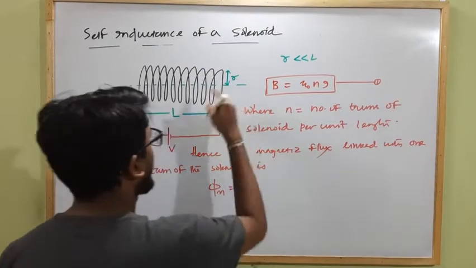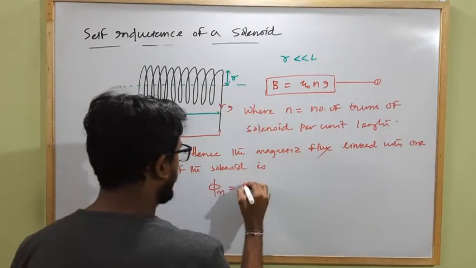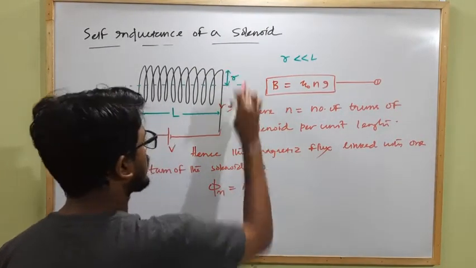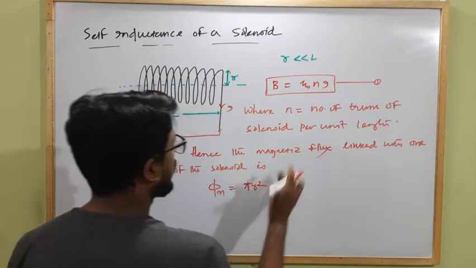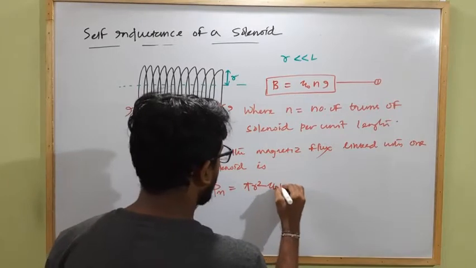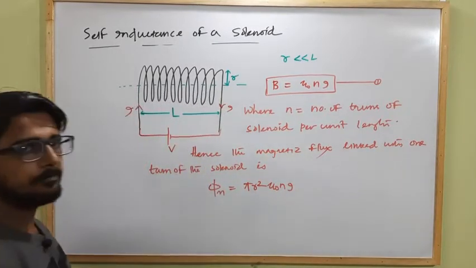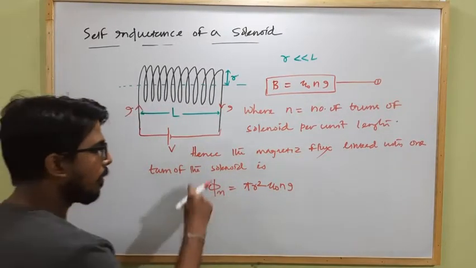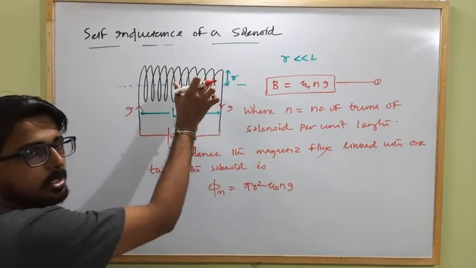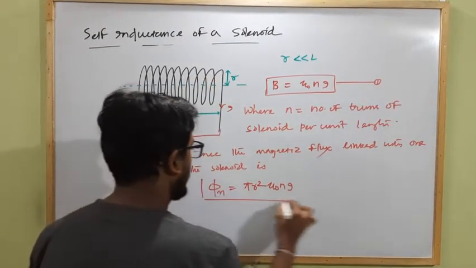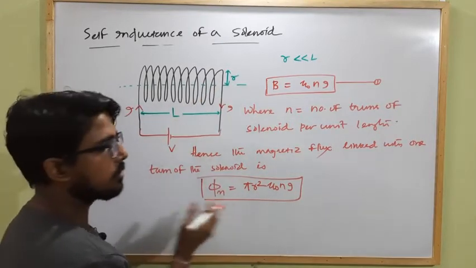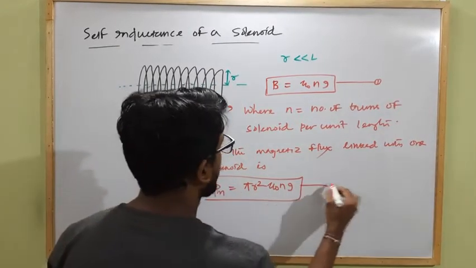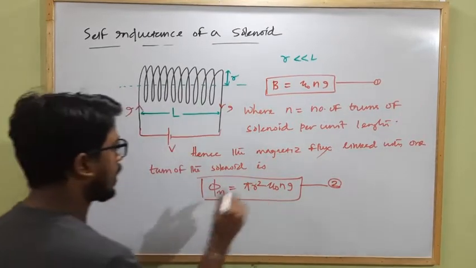The area of one turn, if the radius is r, will be pi r square, into the magnetic field strength mu naught N I. Clear? This is the flux linked with one turn of the solenoid. Area into magnetic field, and the direction is the same, theta is 0, so cos 0 is 1. So this is the flux linked with one turn.